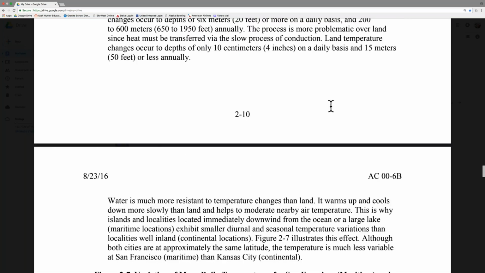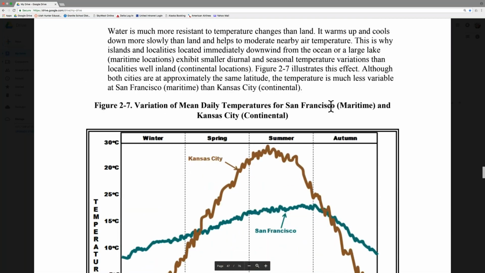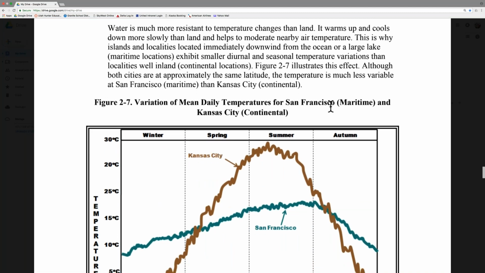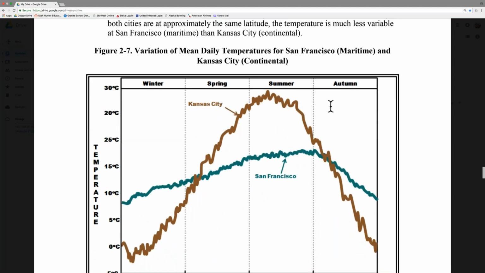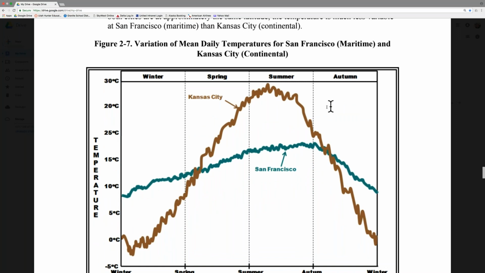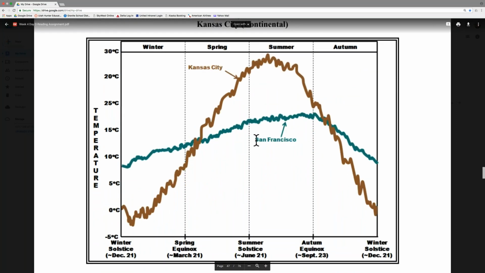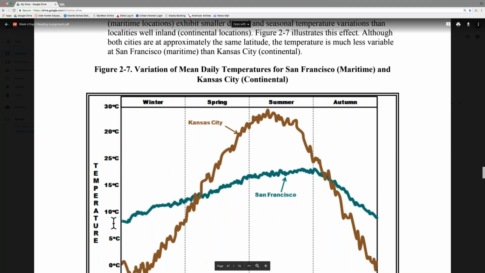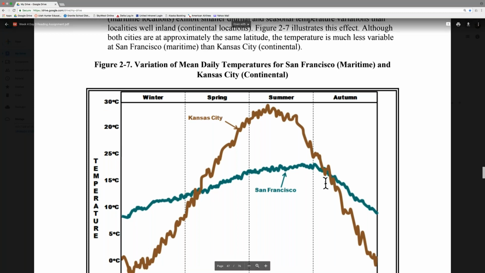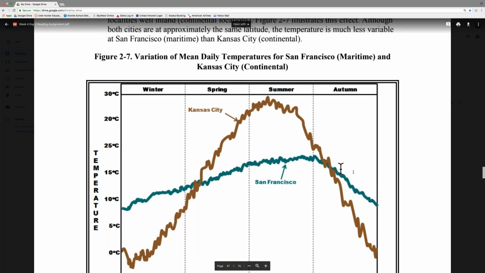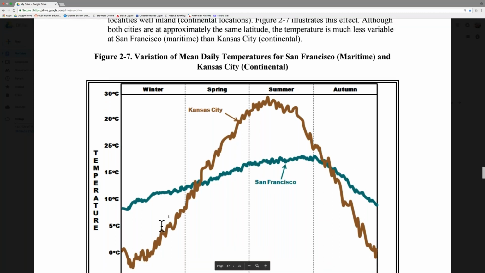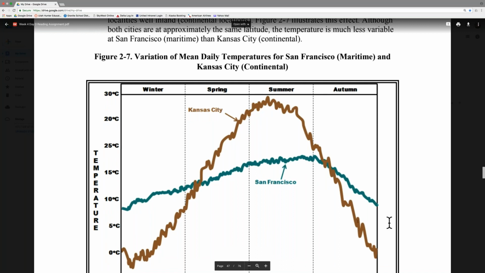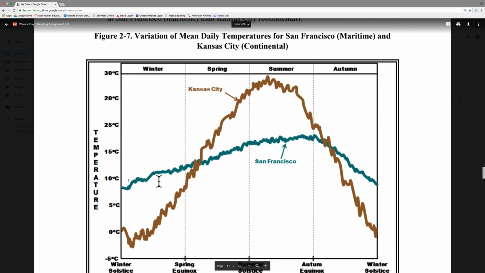That's going to affect the weather that we see in the seasons a lot. We look at San Francisco here, and the variation in temperature throughout the 4 different seasons is going to vary much less than, say, Kansas City, and that is due to the proximity to water.